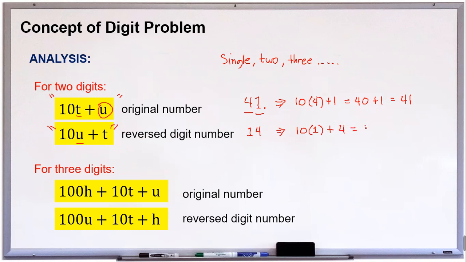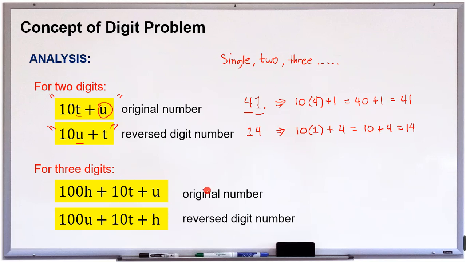So that would be 10 plus 4, which is equal to 14. So use these expressions to represent the original number, and use this one for the reverse of the digit number.